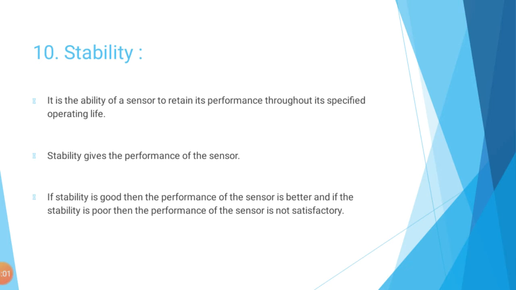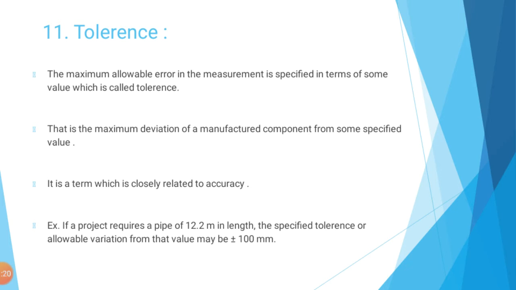Stability is a very important property in a measurement, because when stability is good, we are able to measure the physical quantity with accuracy. This is the stability.